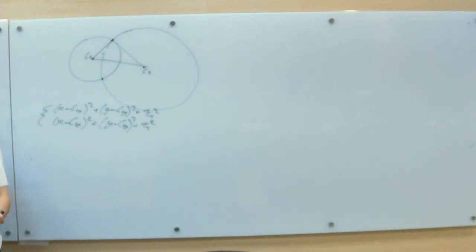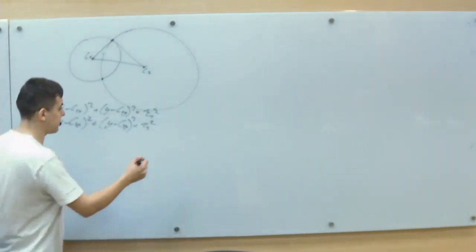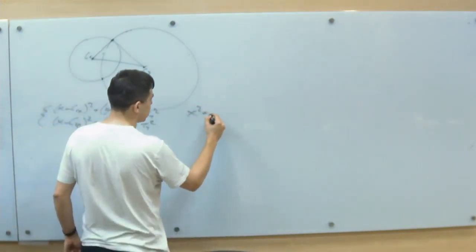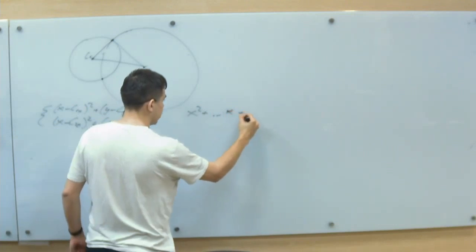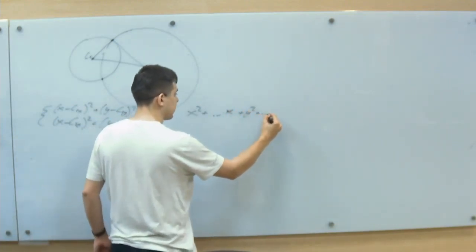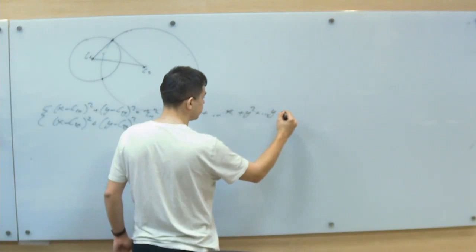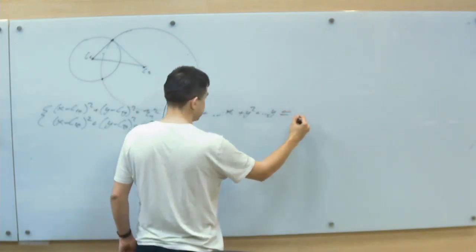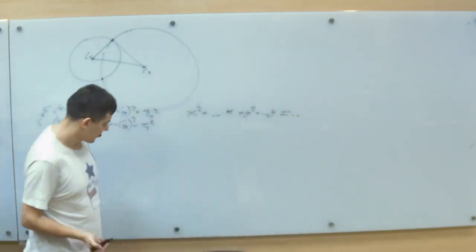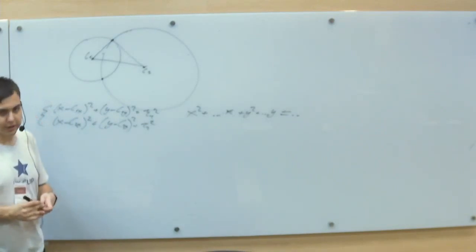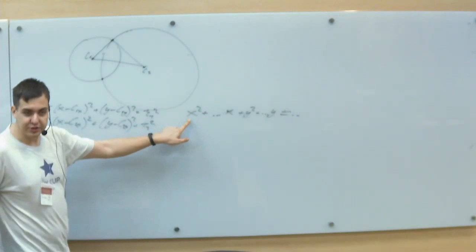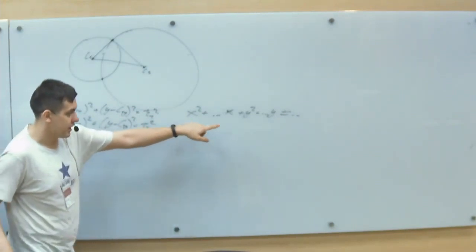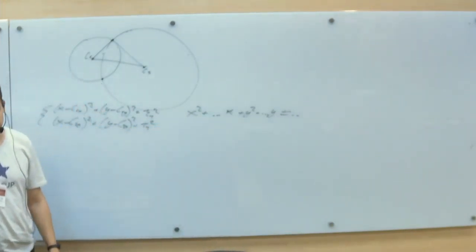So we have a system of two equations, and both of them look like this. Both of them look like x squared plus something times x plus y squared plus something times y is something. So the coefficient of x squared is 1 and the coefficient of y squared is also 1.